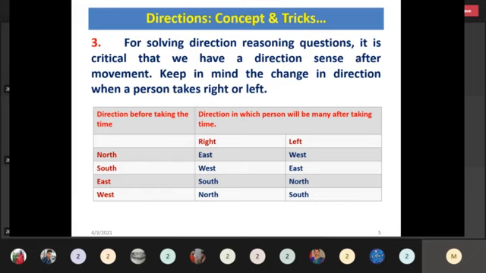The last one: direction before taking the turn is west, then if he moves right it means north, and if he moves left it means south. So this is very, very important. You are supposed to learn this area correctly, so that you can do the problems very easily.